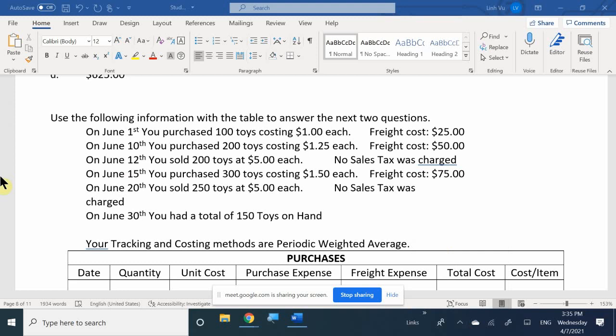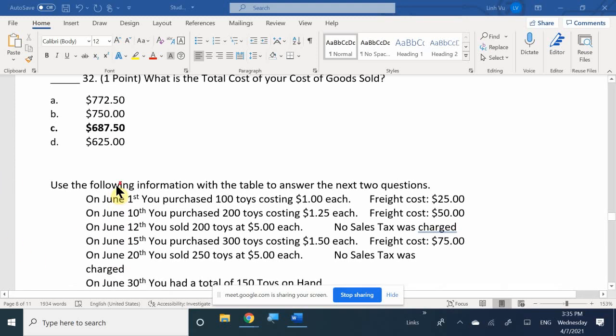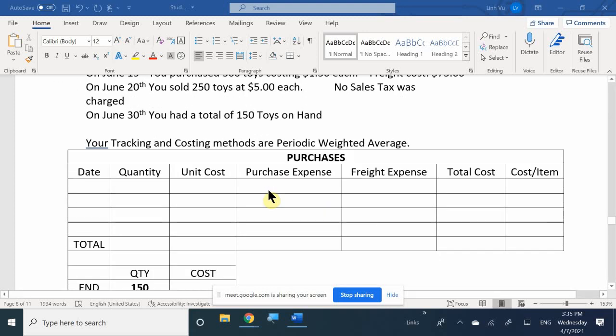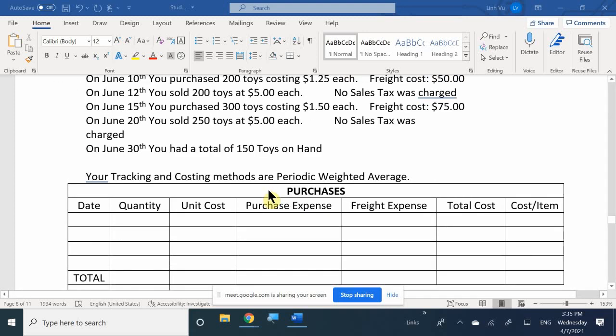Okay, so now this time we're looking at this next question. Here again, using the information from below with a table, answer the next two questions. Once again, the most important thing that you want to look for is that your tracking and costing method is periodic weighted average. So once again, let's go ahead and compute this.